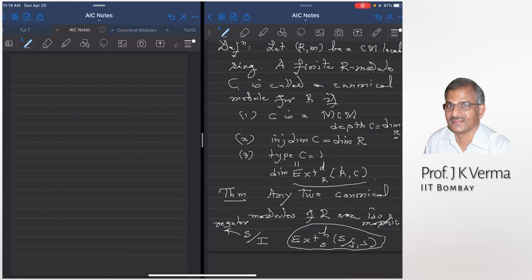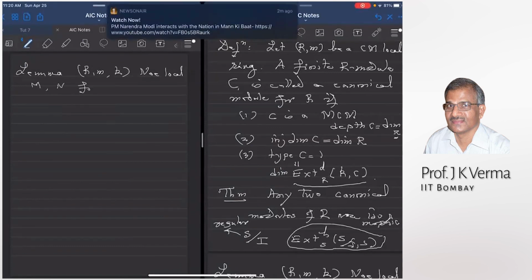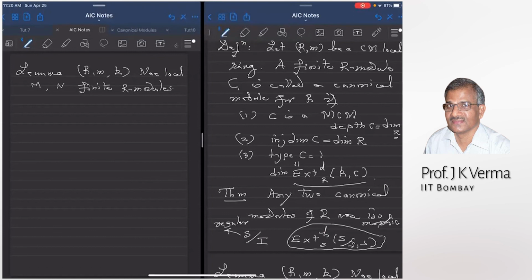So this is the first lemma. Suppose I have a Noetherian local ring with residue field K, and M and N are finite R-modules. Suppose x bar is a regular sequence on N, and phi from M to N is a module homomorphism.